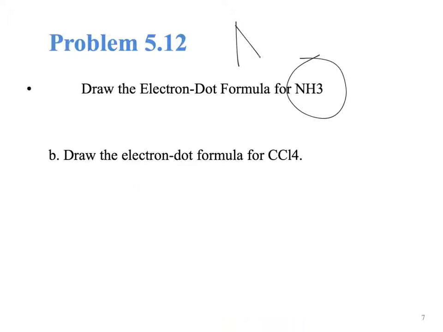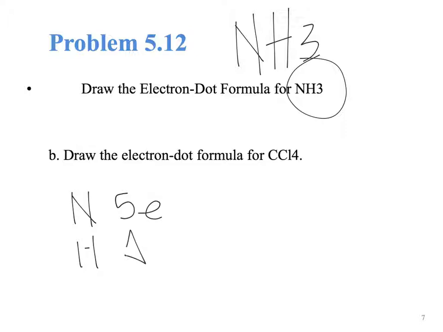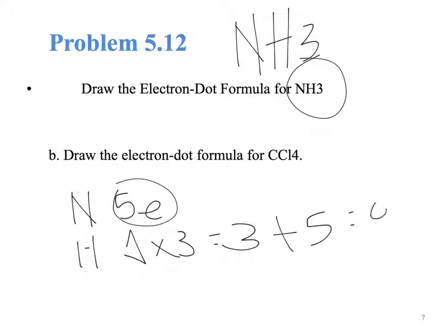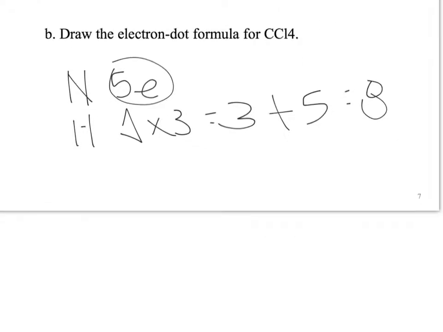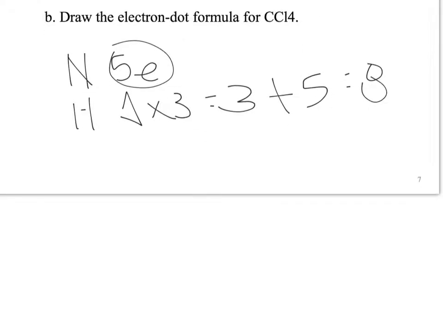Nitrogen, NH3. Let's do the formula. Nitrogen comes with 5 electrons. Hydrogen comes with 1, but we have 3 hydrogens, so that will be 3 plus the 5 of nitrogen, that will be 8. So we have 8 electrons to work with. We have nitrogen and hydrogen. Nitrogen likes to make 3 bonds, and hydrogen likes to make 1.